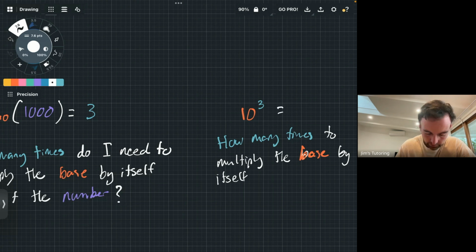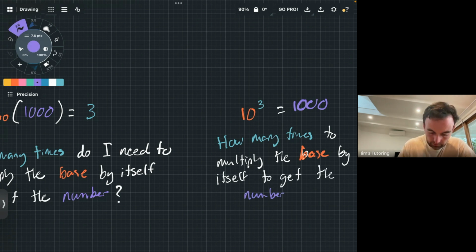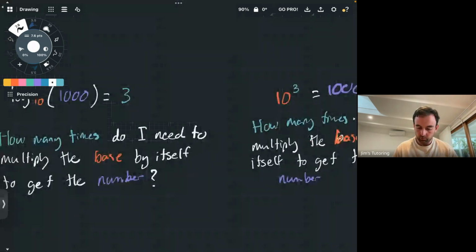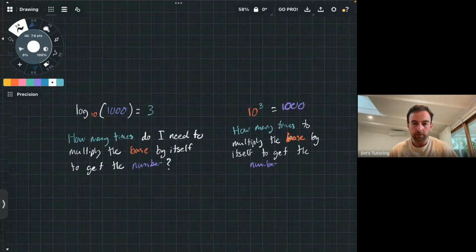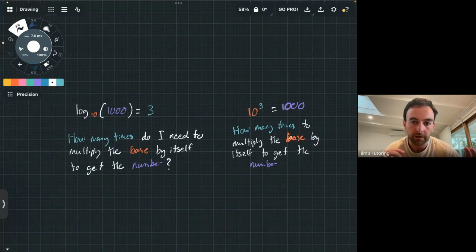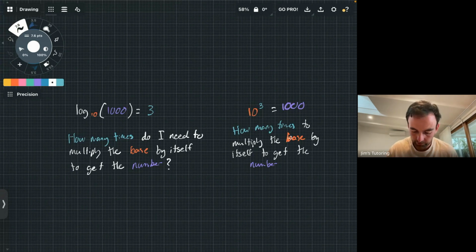Maybe if I put in 1000 here as well, because that's what that equals, to get the number. So you can see that one of these is a question and one of these is a statement, but the exponent form, the statement over here, is almost answering the question on the left.